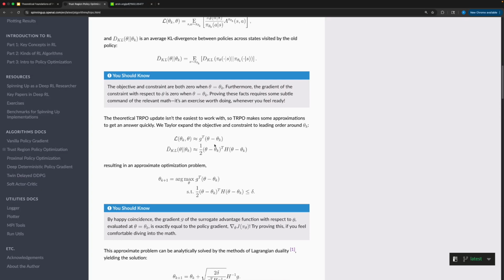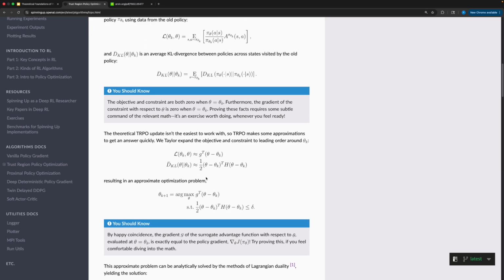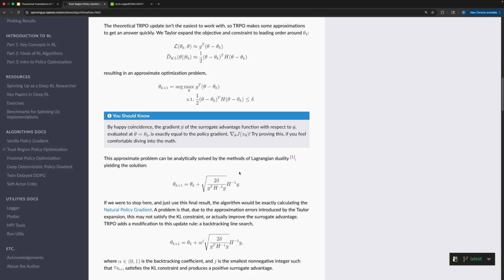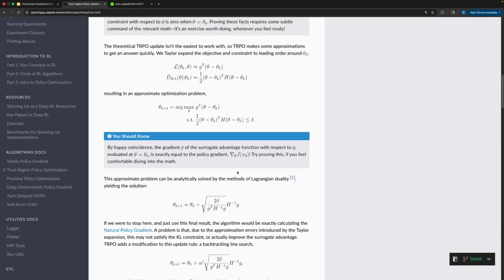So they use a linear approximation of their objective, and a quadratic approximation of the constraint, and use some analytic methods to derive the update.